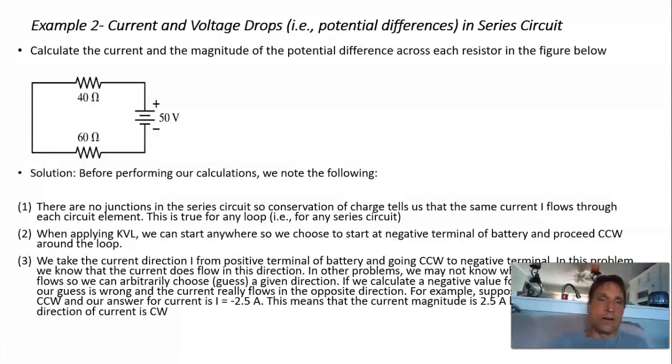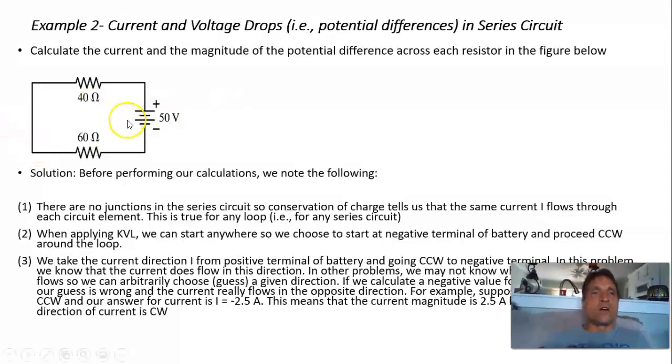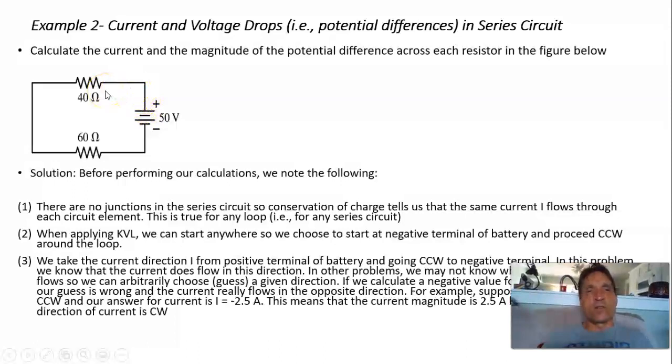No fear here. We guess a direction, okay? So, for example, in this case, suppose we don't know that the current flows counterclockwise, but we draw it as counterclockwise. We guess, okay? So let's just guess it goes counterclockwise. We'll find out at the end whether we're right or wrong by the sign of the actual current that we calculate using the analysis.